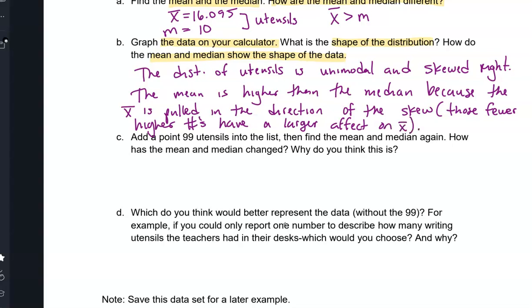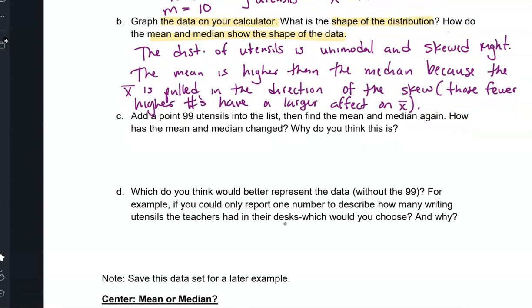All right, very nice. Okay, so let's go ahead and keep experimenting with this idea of how our mean and our median are affected, both by the shape of the distribution, as well as what if we added another data point? What if we added a point that's 99 utensils to the list and then found our mean and median again?